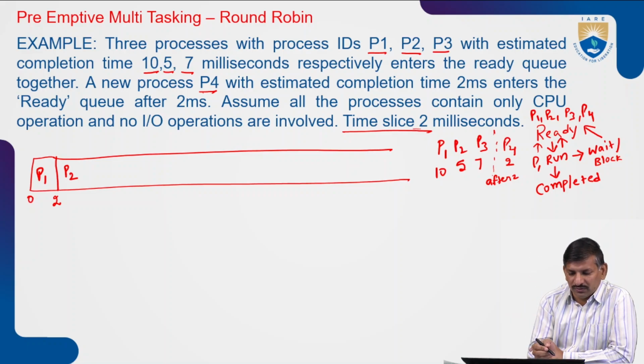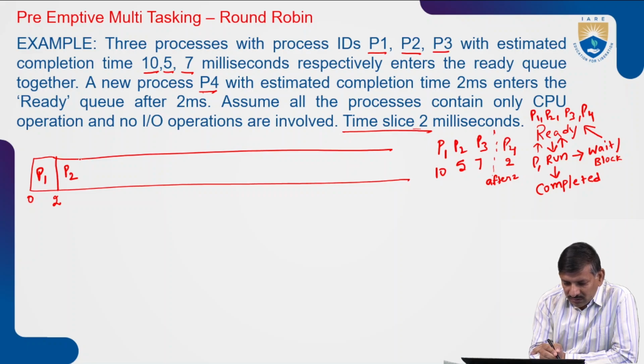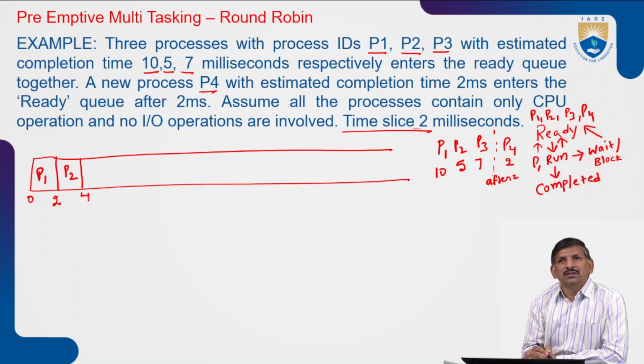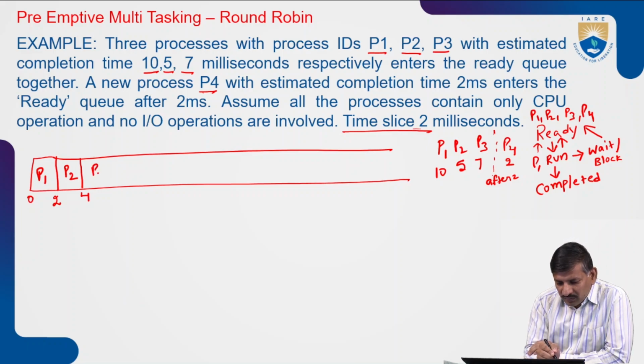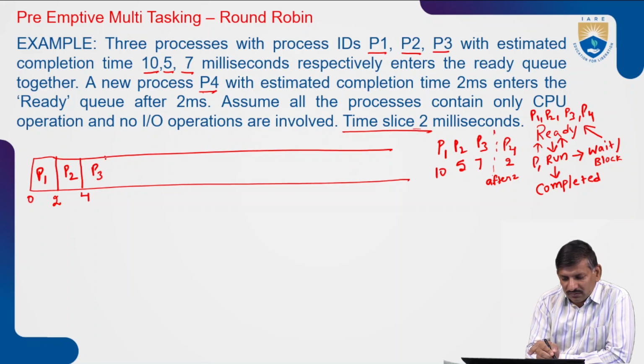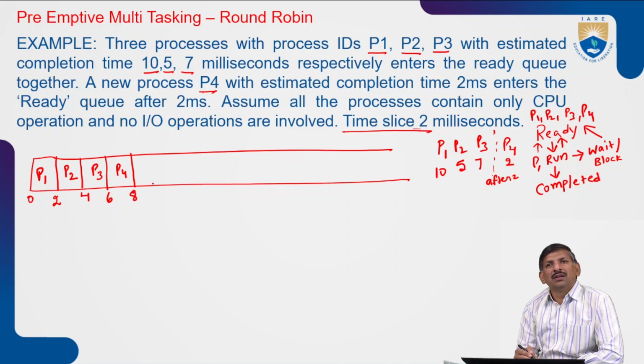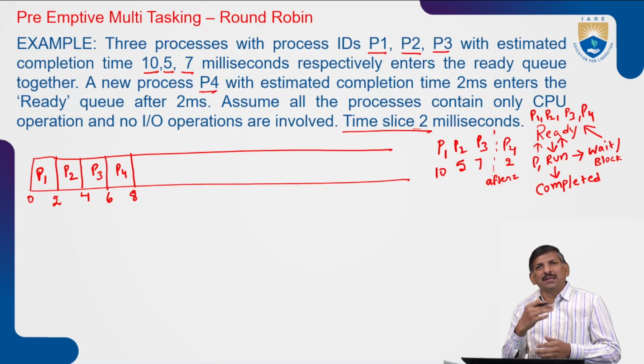Then 4 milliseconds. Again P3, 2 milliseconds. Again P4, 2 milliseconds. Next, the process is repeated.